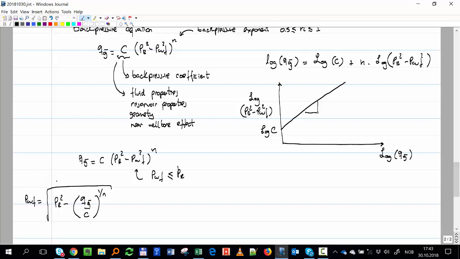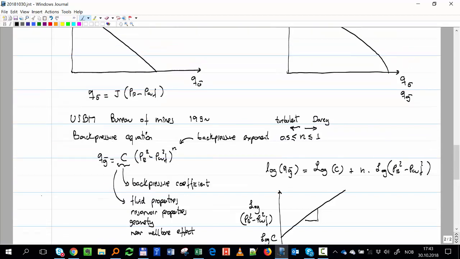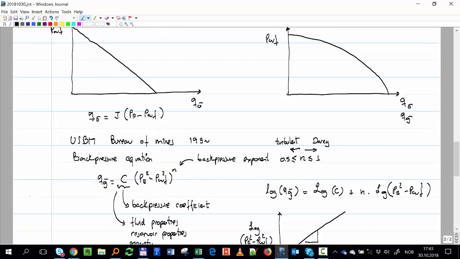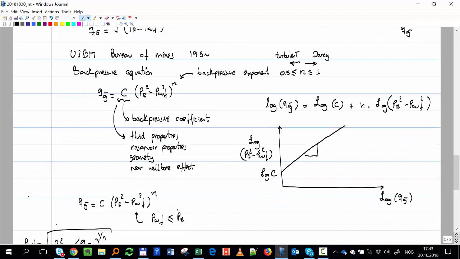In all IPR equations, we always have the rate on the x and the pressure on the y. The only thing is that they found that if I plot it in log, I have to plot just this, so it took them a time to come to exactly the difference of pressure squared to get exactly that expression.